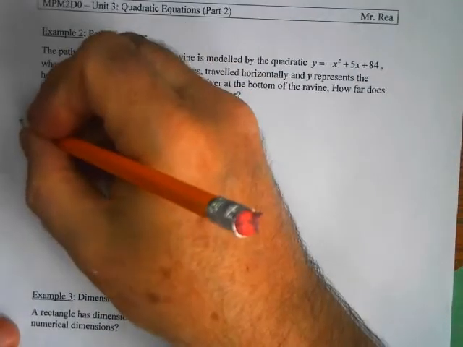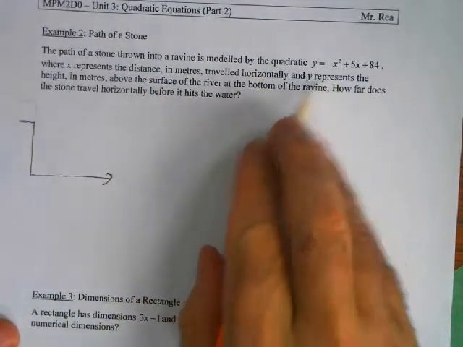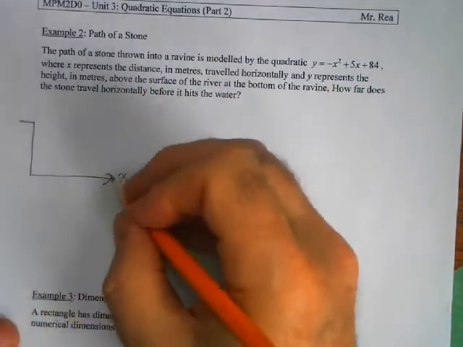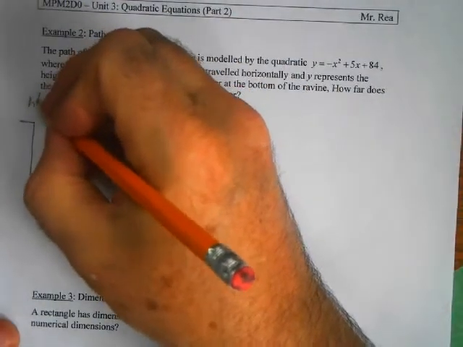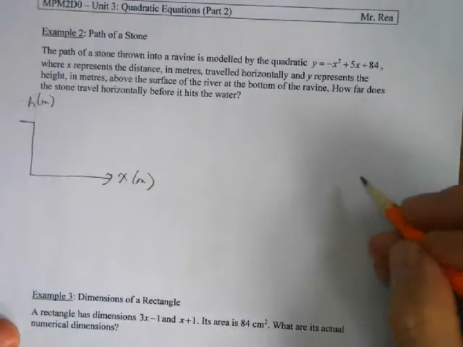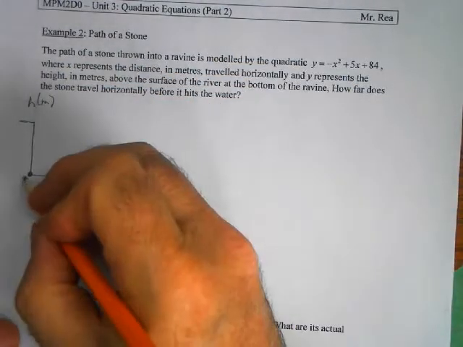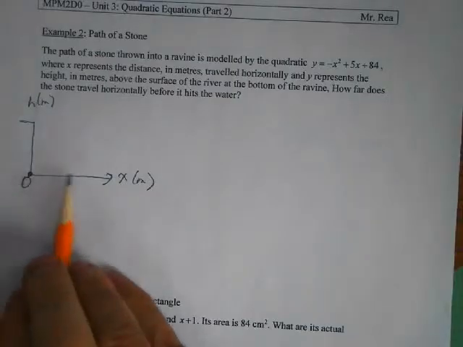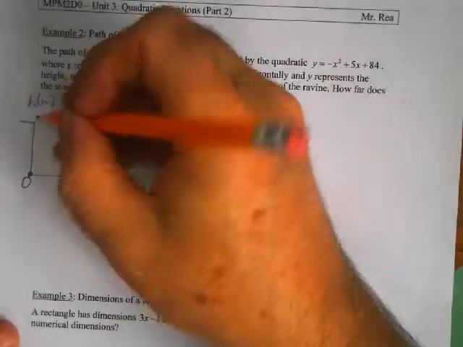If that's the cliff here, I'm going to call this variable the x. This is the horizontal distance in meters. And this will be the height in meters of the stone. And this point here, that's the origin, so that's where the height equals 0 and the horizontal distance equals 0. So we're basically throwing the stone from the top here.